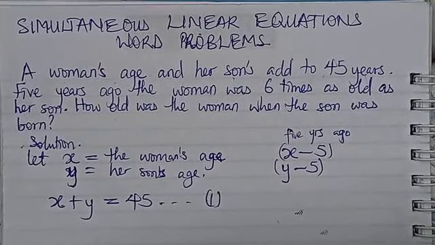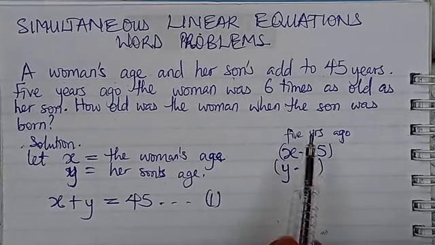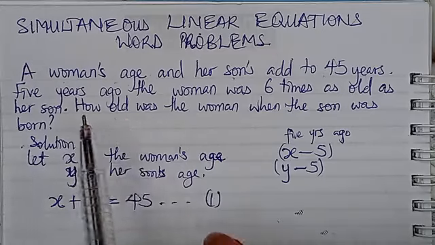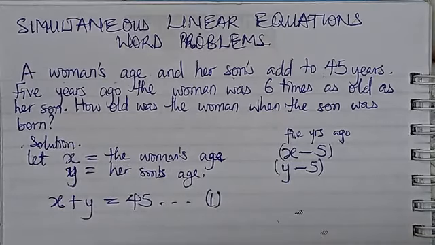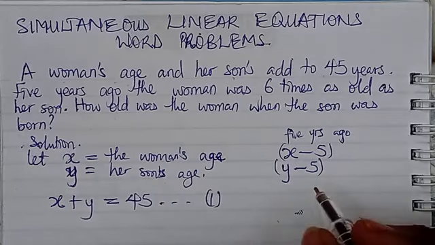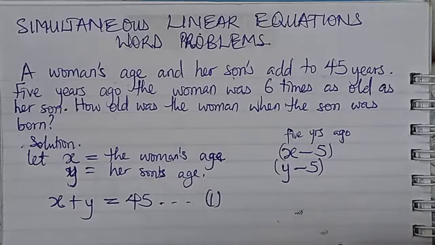Okay, now let's go ahead. So 5 years ago, these were their ages. Now let's look at the question to see what it says. 5 years ago, the woman was 6 times as old as her son, meaning that whatever age her son is, times 6 was the woman's age.